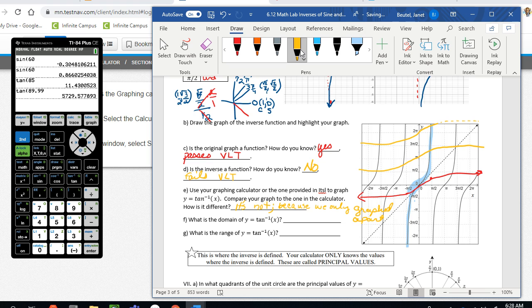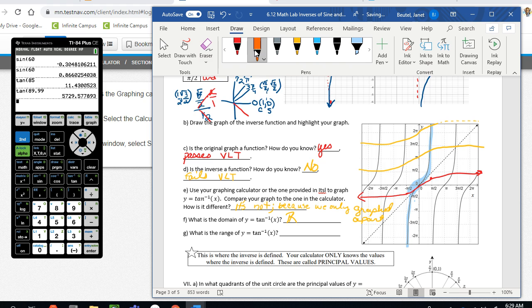Okay, what's the domain of this red one? Well, it's all real numbers. What is the range of this one? Well, how low does it go? It goes to pi over 2, but it's not included in a bracket. So let's fix this.